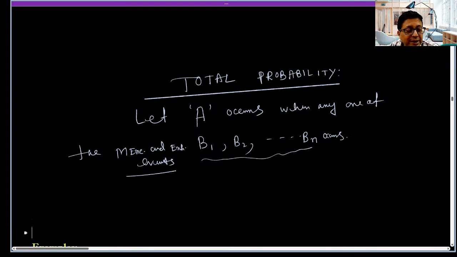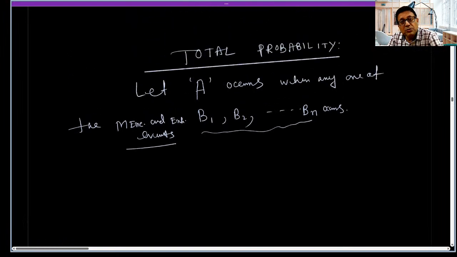Okay? A occurs when any one of the mutually exclusive and exhaustive events B1, B2, Bn occurs.